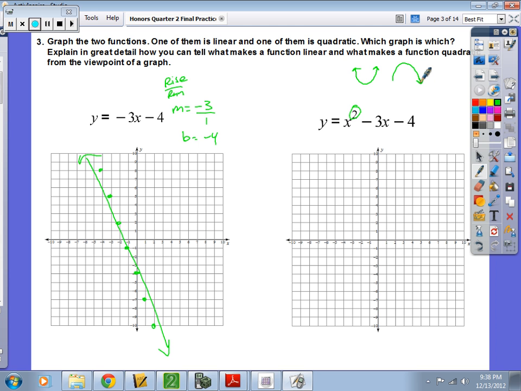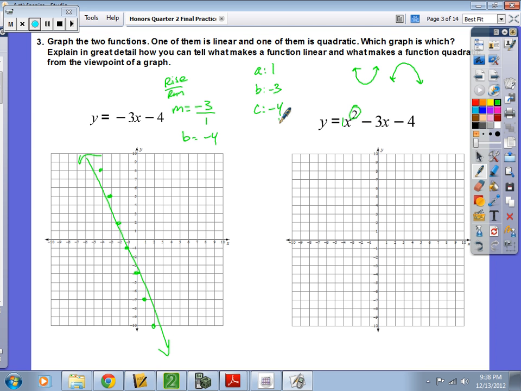And to graph a parabola, you need to determine the values of a, b, and c. a is the number in front of your x squared. a is 1, b is -3, and c is -4. So the combination of your a, b, and c determines the shape and size of the parabola.